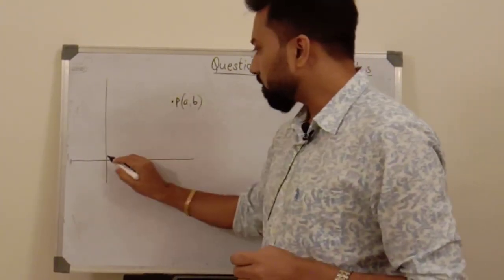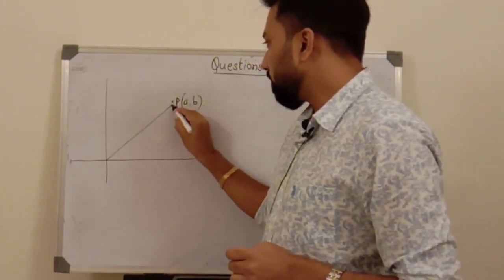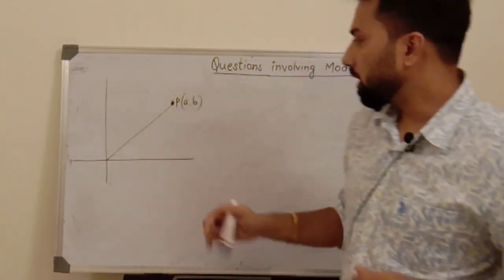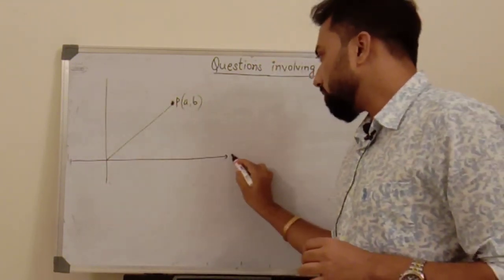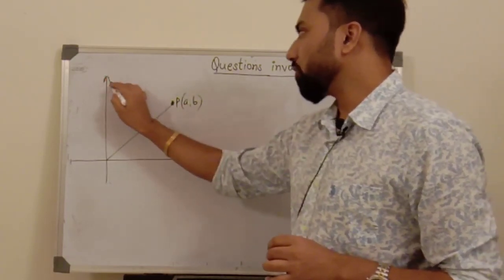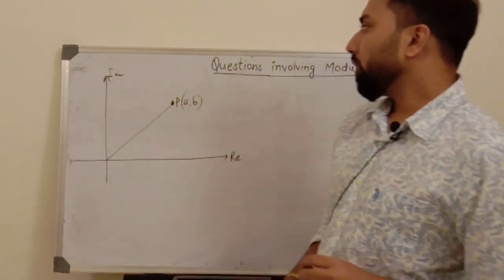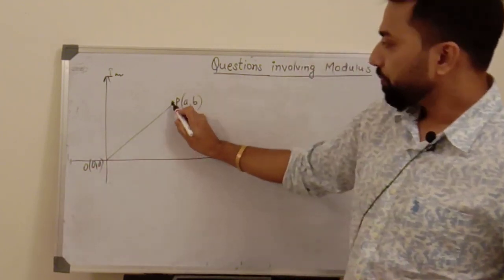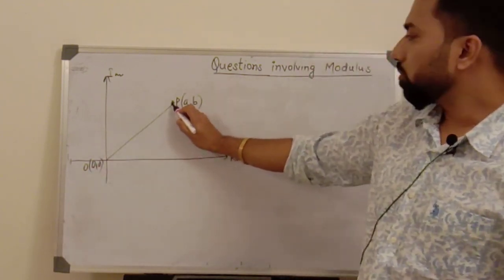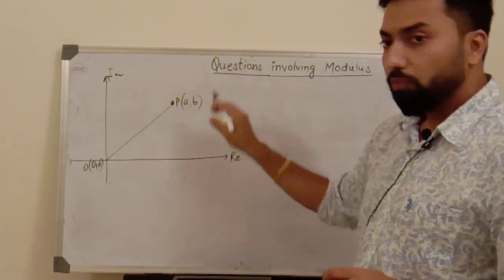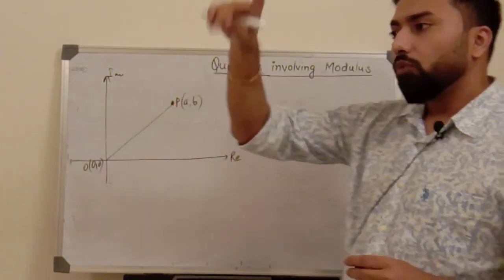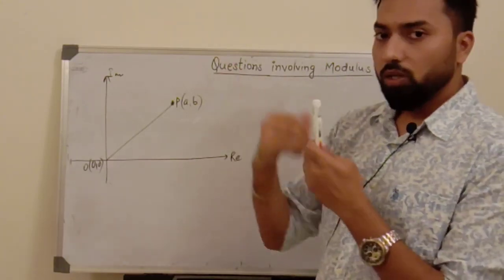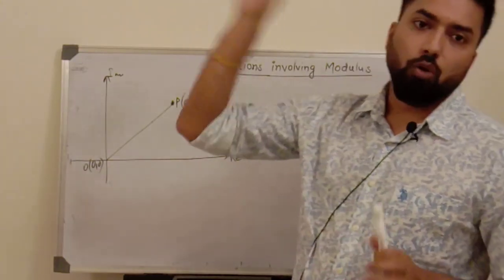Now what does this statement mean? Let's say this is the real axis and this is the imaginary axis, and this is the origin. Corresponding to any point belonging to this Argand plane, there would be a 1-1 correspondence to the numbers of the complex number system.